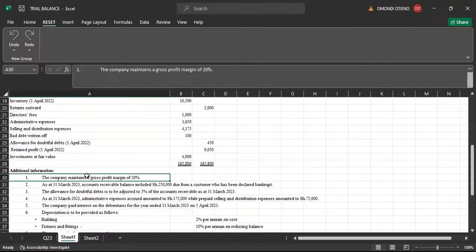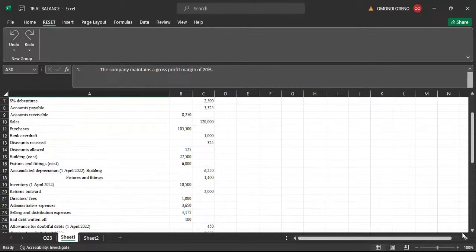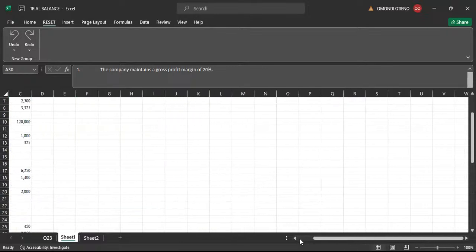Our denominator will always be sales. The moment you see the word margin, the denominator will be sales. So this additional information is what will help you to get the closing inventory value. If you were in our yesterday's session, you will be able to tackle that.